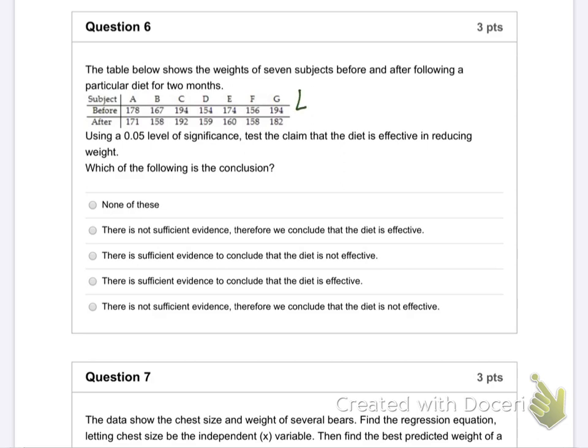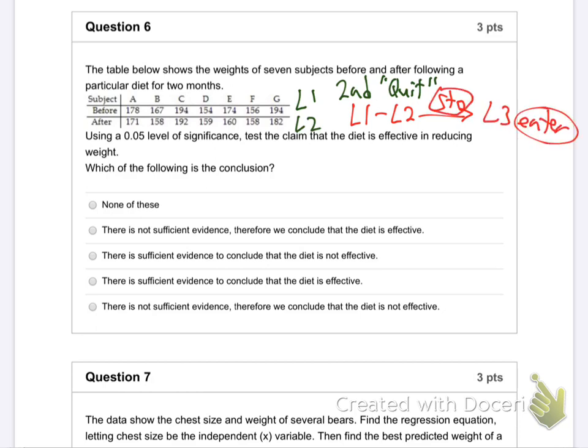So same thing, put the data in L1, put the data in L2, and then go second quit. This one's going to be a t-test, not an interval. Then L1 minus L2, stored into L3. Hit enter.